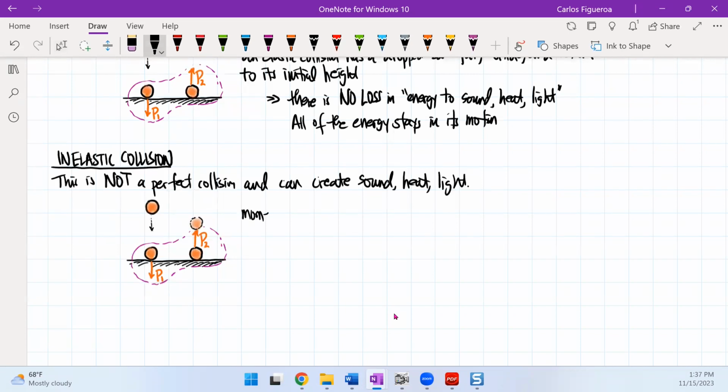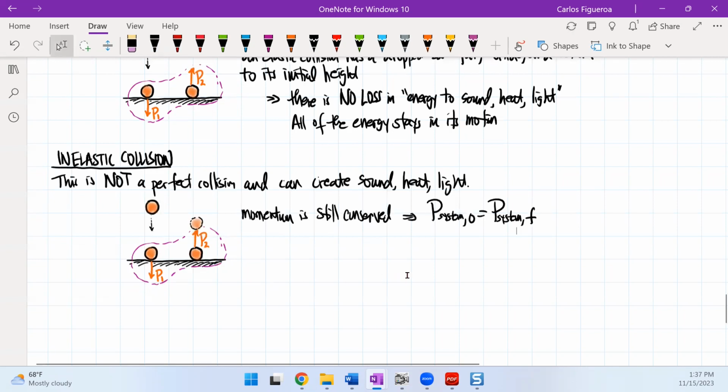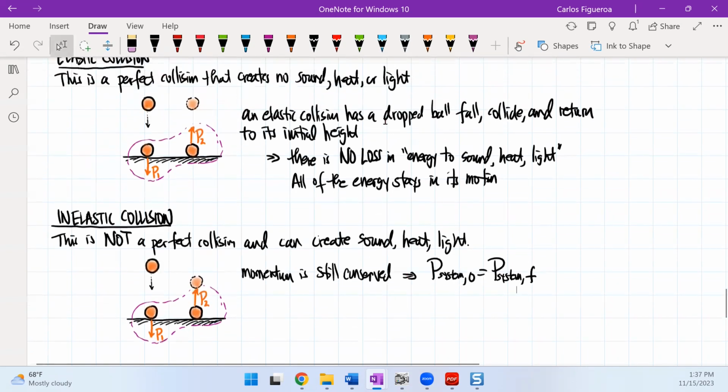Momentum is still conserved, which implies here that the momentum of the system before equals the momentum of the system afterwards. And you know what? I did not say that up here.